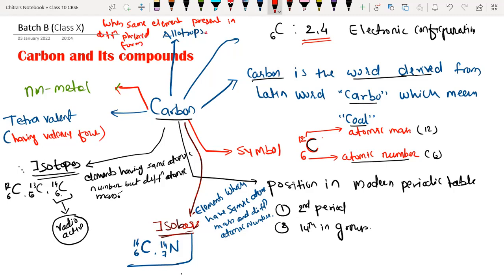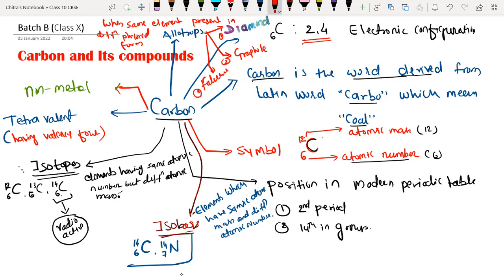One is called diamond, another is graphite, and the third one is Buckminster fullerene, also called buckyball. So first diamond, second graphite, and third is fullerene or Buckminster.